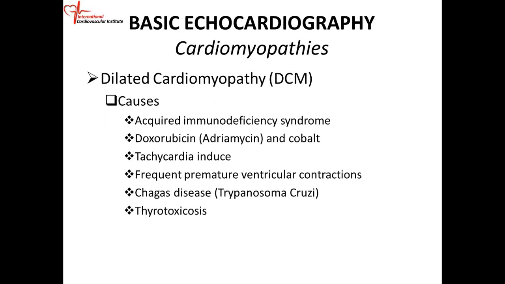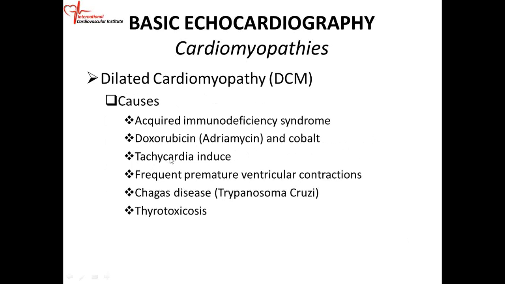And then during the therapy, during the treatment, you should also get another echo, because some of these agents, especially doxorubicin and adriamycin and cobalt, can weaken the heart muscle. And you need to know this, because you don't want to treat the breast cancer, give the patient a cardiomyopathy, and then the patient dies from the cardiomyopathy. Okay?